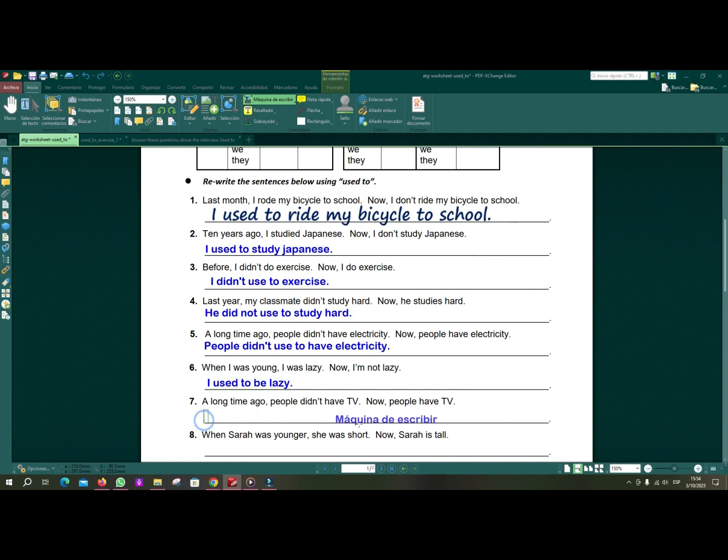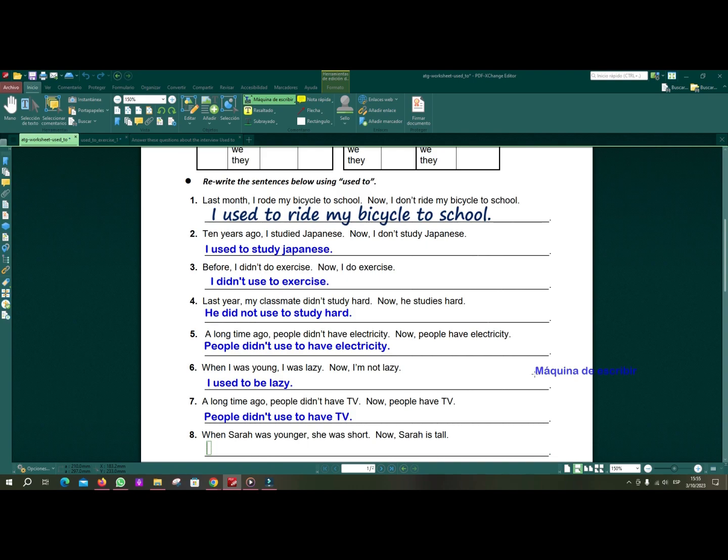What about 7, Mr. Jordi? People didn't used to have TV. Okay. So a long time ago, people didn't have TV, right? Okay, that's good. And the last one. Who has that one? When Sarah was younger, she was short. Now Sarah is tall.